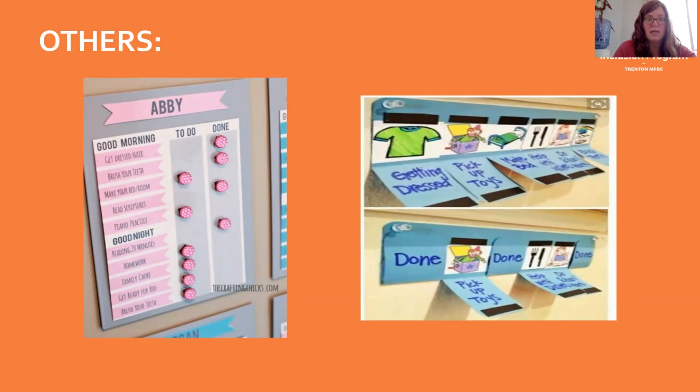Again, visually seeing what's done and what isn't, to reinforce that expectation, that predictability, and that sequence. It can also be really helpful to provide your child with a sense of accomplishment if they've completed these tasks, which in turn builds some self-esteem.